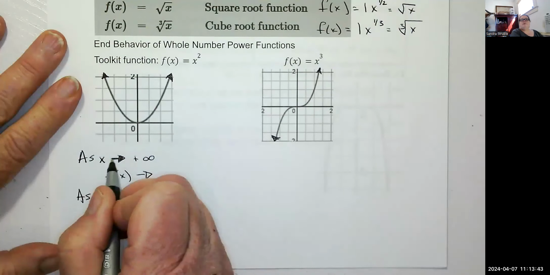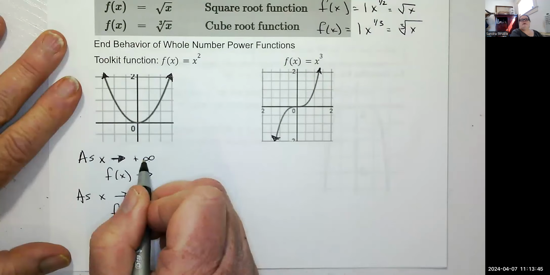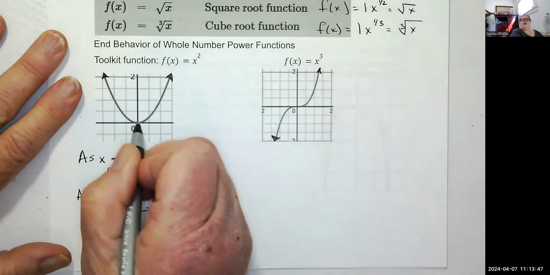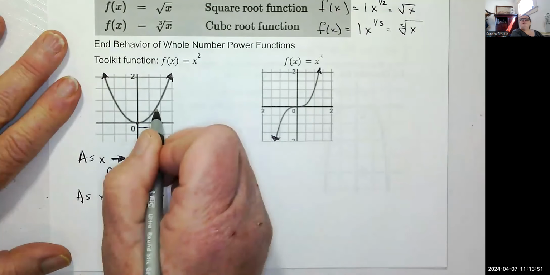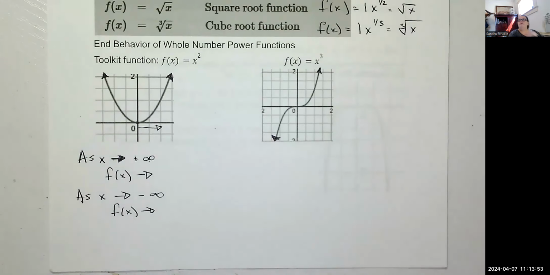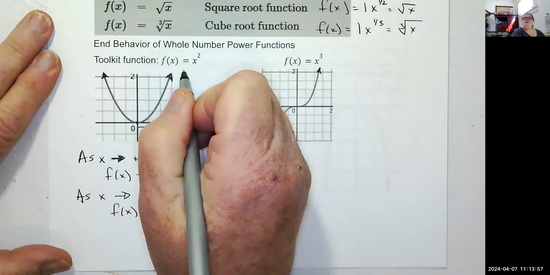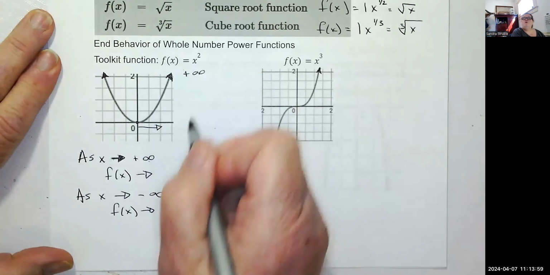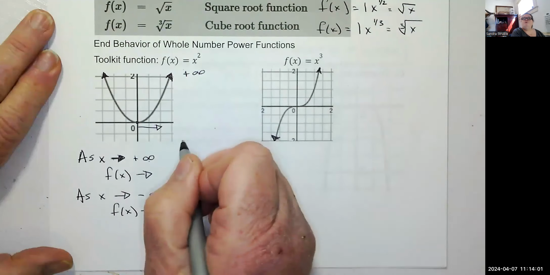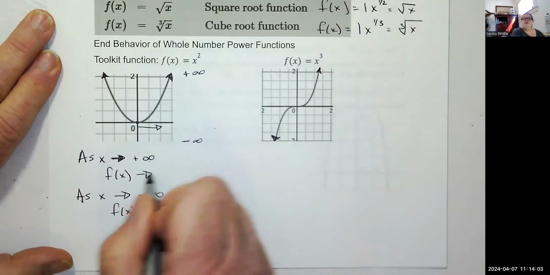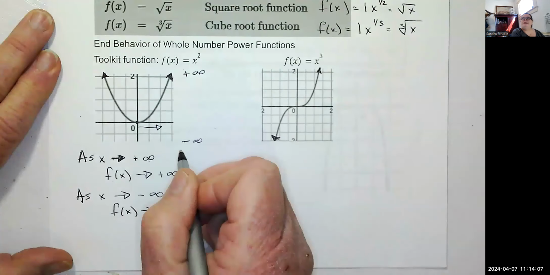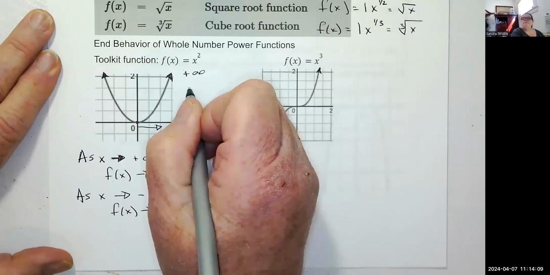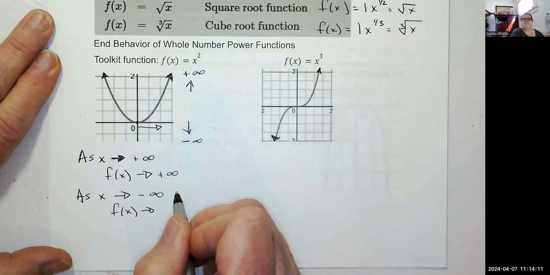As x approaches positive infinity, starting from here, x is going this way. Which direction is our arrow going? It's going up, so f(x) is approaching positive infinity. It has to do with up or down. Up is positive, down is negative.